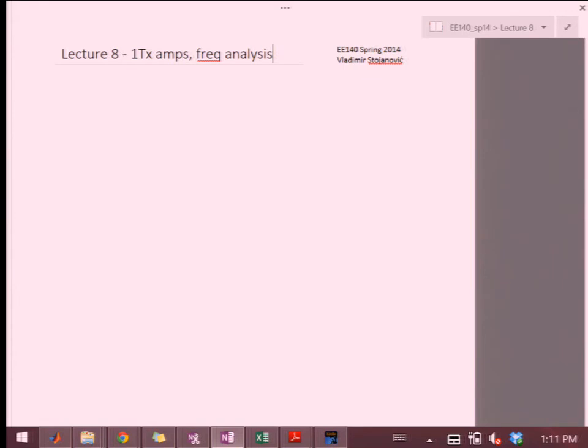In fact, looking at the unity gain current frequencies and some of the limits of the transistor as an amplifying element. So I'd like to go back and look at some of the analysis.